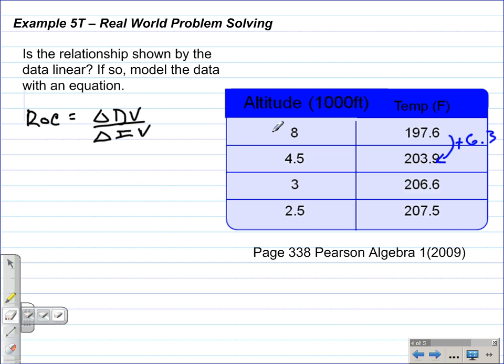The change in the corresponding altitude values or the independent variables. Remember, this is the independent variable, and this is the dependent variable. Normally, when data is given in a table, the independent variable comes first, the dependent variable comes second. So the change here is a decrease of 3.5.